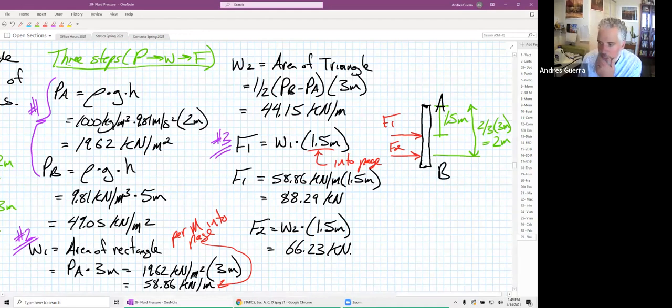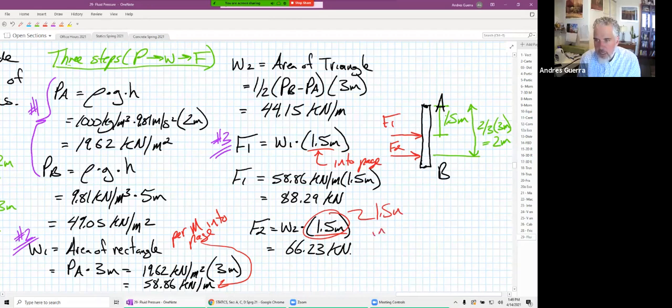And I see a question in the chat here. Why did I multiply W2 by 1.5? Those are both the distances into the page. This 1.5 here, that is also 1.5 meters into the page right there. So our W's are always going to be per meter into the page. I can annotate that too. That's per meter into the page right there as well.